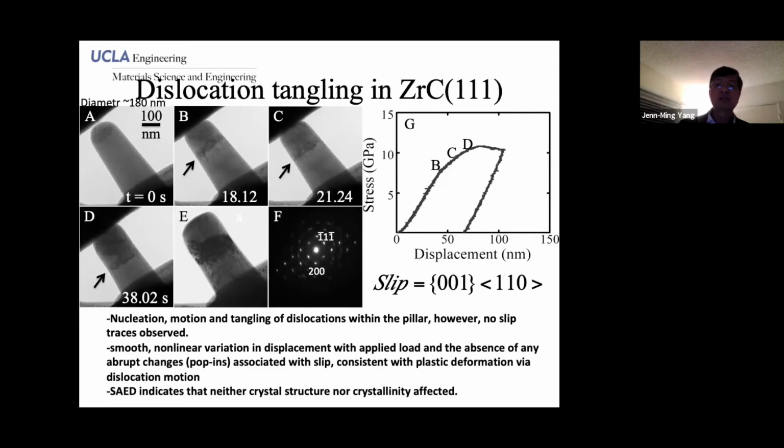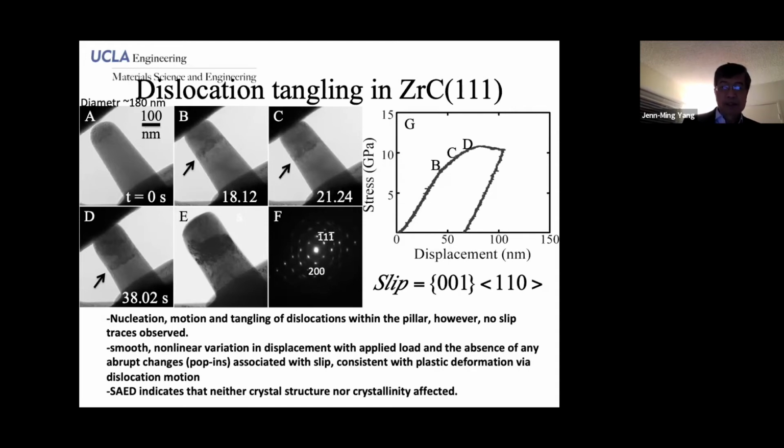So again, this is quite consistent with plastic deformation via dislocation motion. And if you look at the selected area electron diffraction pattern, it also indicates that neither crystal structure nor crystallinity was affected during compression.